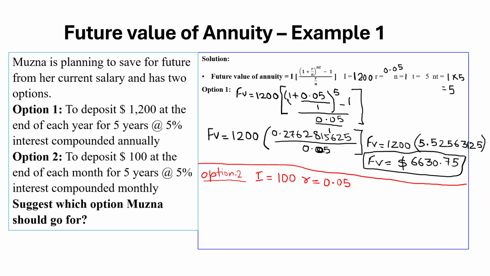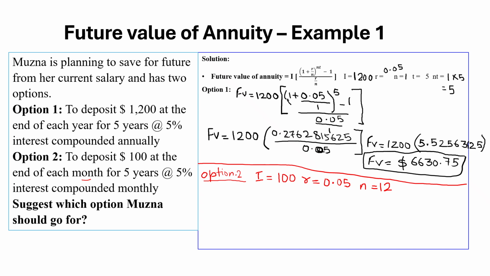Then as per the formula, what is my N? My N is equal to the number of times. It is monthly, not yearly. Here it is mentioned monthly. So my N will become 12, because in 1 year how many months? 12 months. If it is yearly, in 1 year it is one time, but if monthly, in 1 year 12 times.